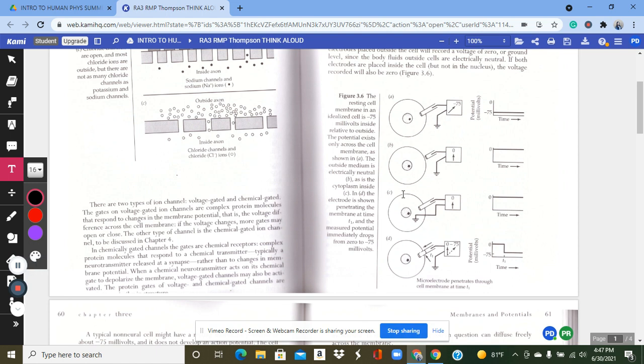Okay, figure 3.6. The resting cell membrane in an idealized cell is negative 75 millivolts inside relative to outside.